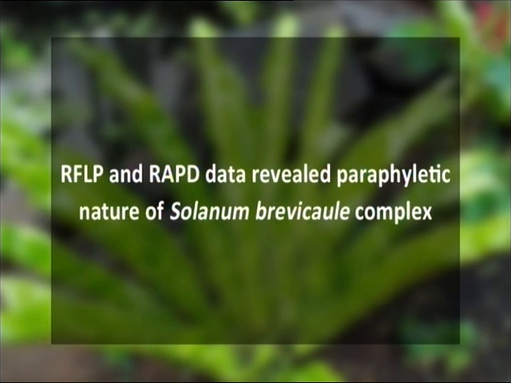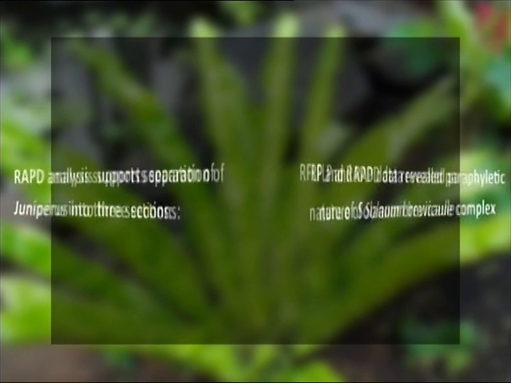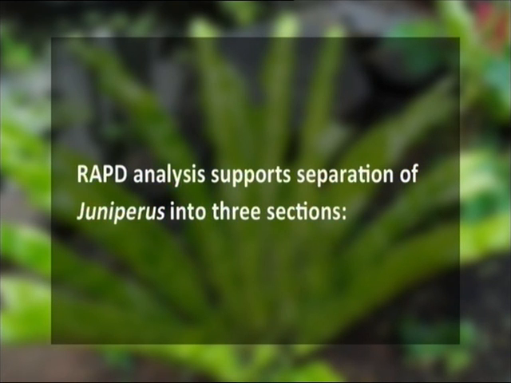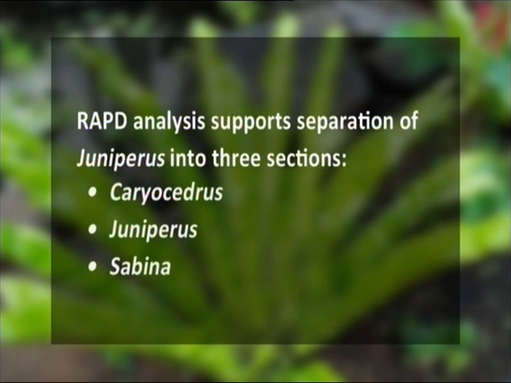Similarly, use of single to low copy RFLP and RAPD data revealed the paraphyletic nature of the Solanum brevicaule complex. Separation of Juniperus into three sections, that's Caryocedrus, Juniperus and Sabina, has been supported by RAPD analysis.